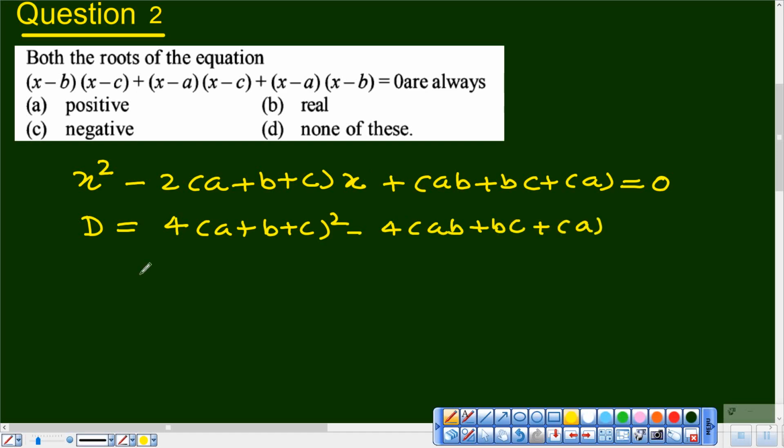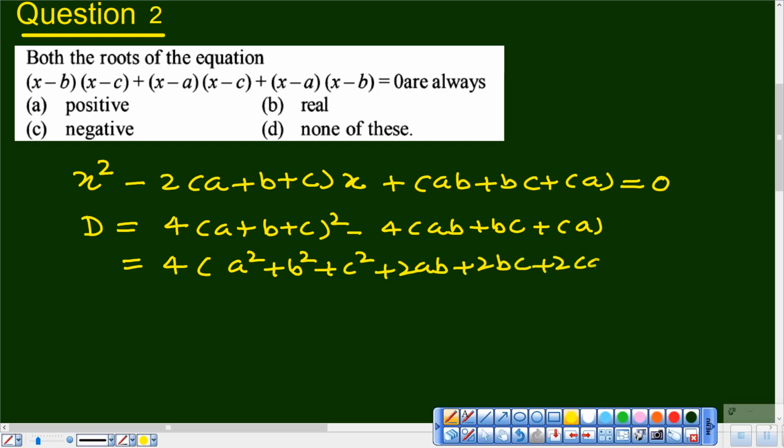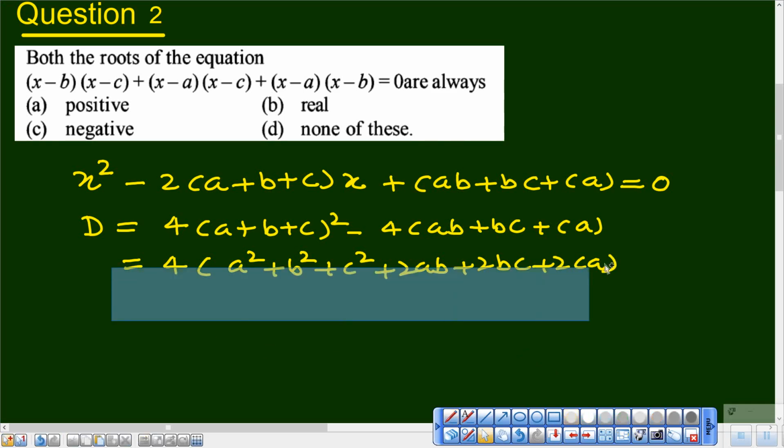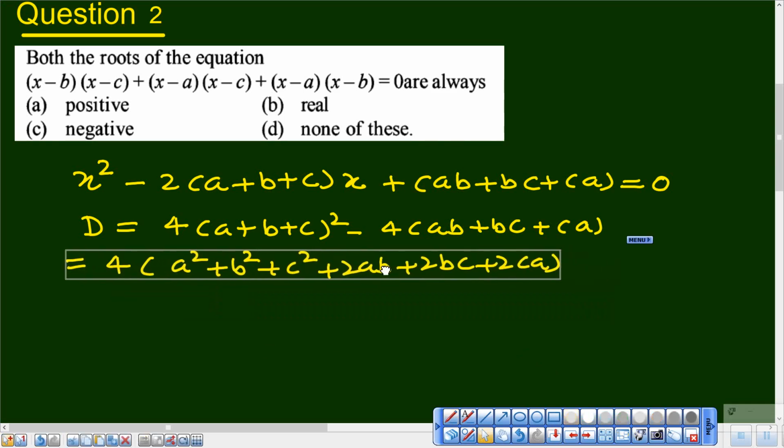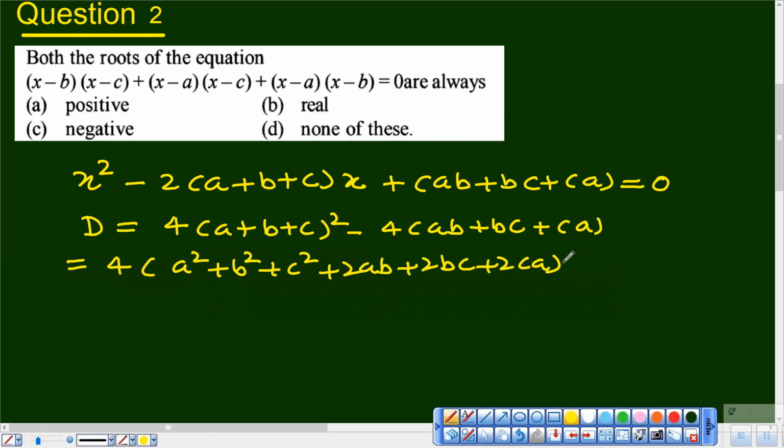I expand this and I get 4 a square plus b square plus c square plus 2ab plus 2bc plus 2ca, and of course this I can shift a little bit to write this part also, minus 4 ab plus bc plus ca.